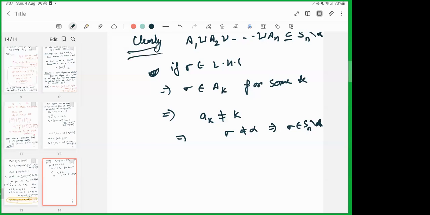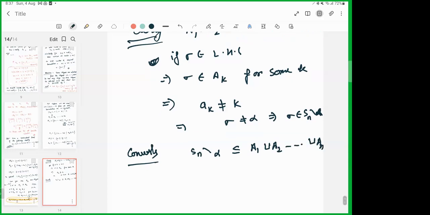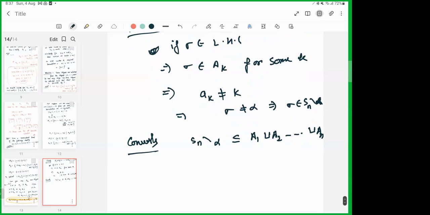Now, what about the converse implication? Conversely, Sn minus alpha is contained in the union. Can you explain how? Sigma is equal to A1 up to An, and belongs to Sn minus alpha.